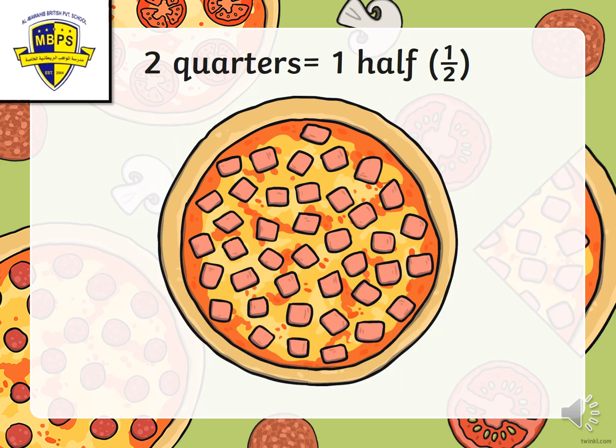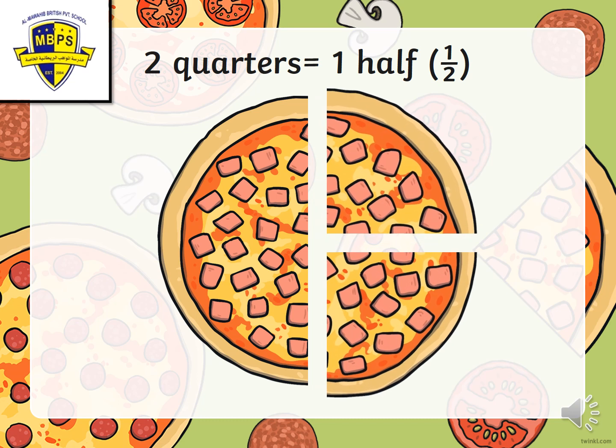I want to tell you something. What did you notice about the 2/4? If I cut the pizza now, and I have on one side, you can see 1/2, and on the other side I cut 1/2 into 2/4, which means that 2/4 equals 1/2.